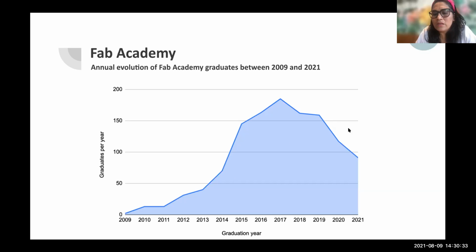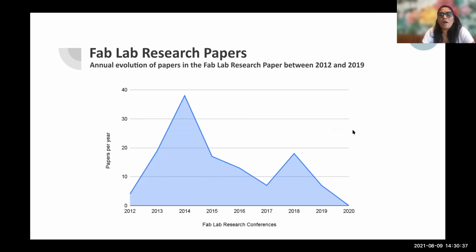We used that information to see how many women are participating in the Fab Academy. At the same time, Fab Lab research papers were in a similar situation. We established a table to understand how many papers were presented over the years, to understand how many women are participating in Fab Lab research papers.